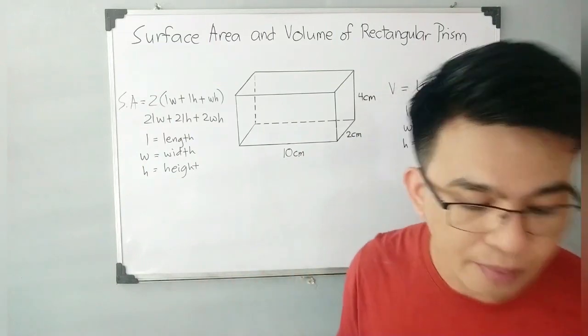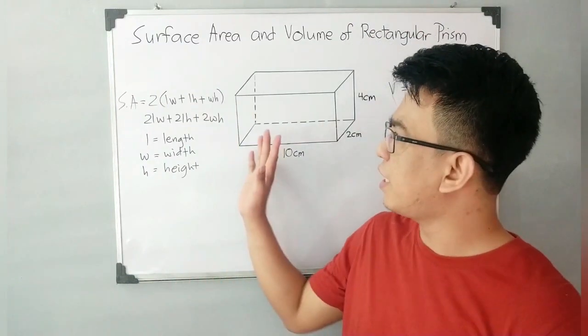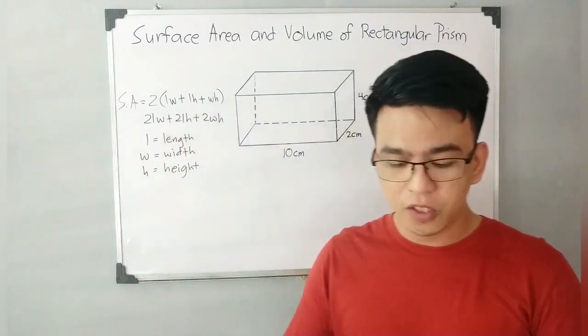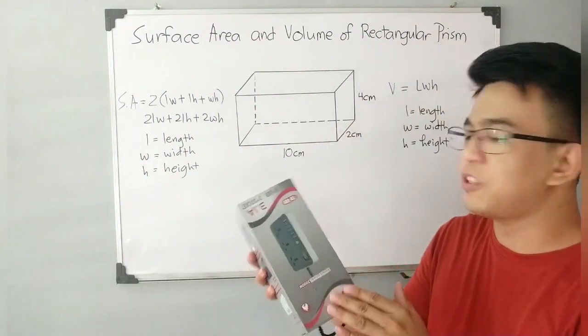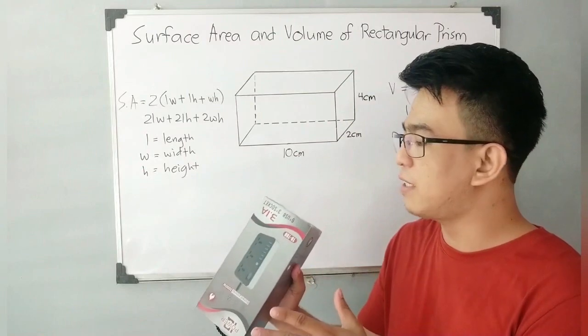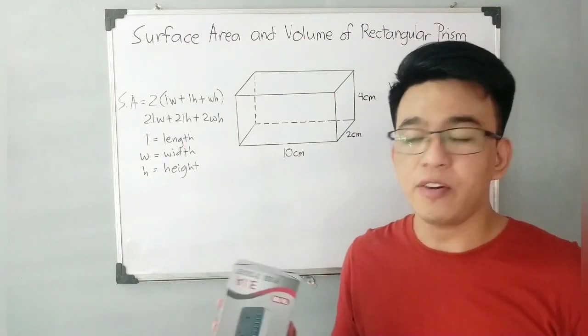punta muna natin, ano ba yung pinaka-calculate ng surface area? So imagine, you have here your rectangular prism. At alam natin, meron siyang 6 faces. At bawat faces na to ay mga rectangles or pwede natin calculate yung area.